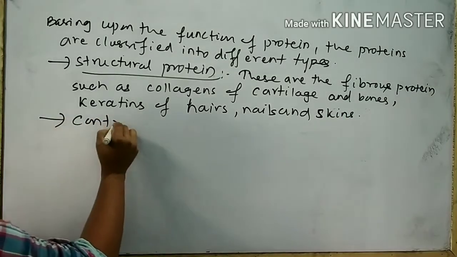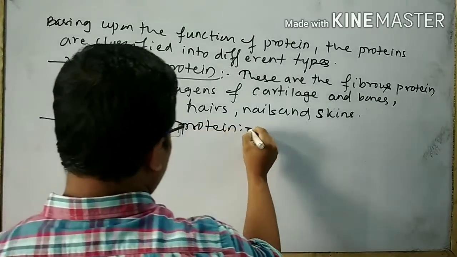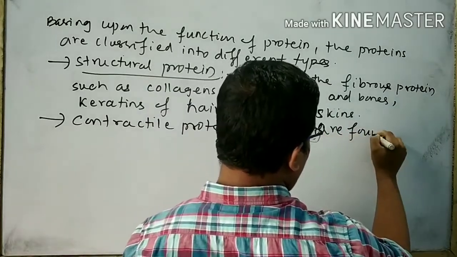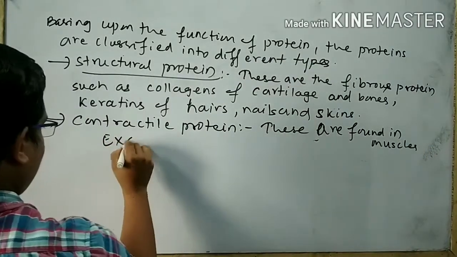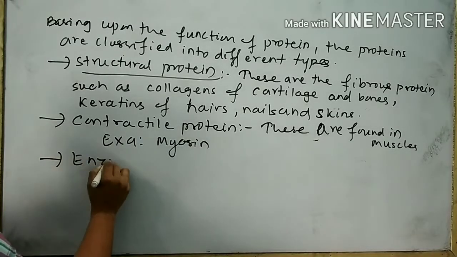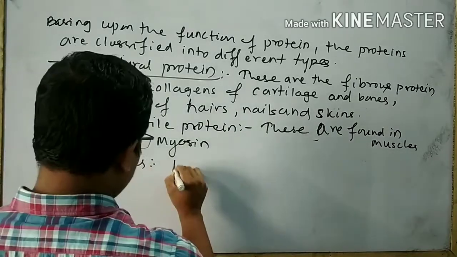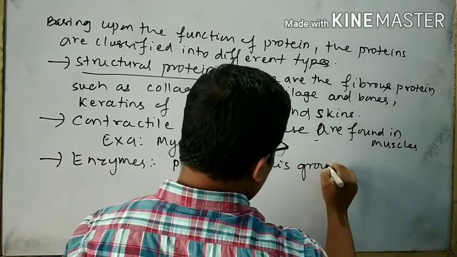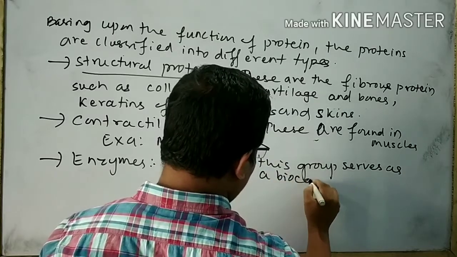Next is contractile protein. These are found in muscles. Example of contractile protein is myosin. Next is enzymes. These are used as a biocatalyst. So we can write proteins of this group serve as a biocatalyst.